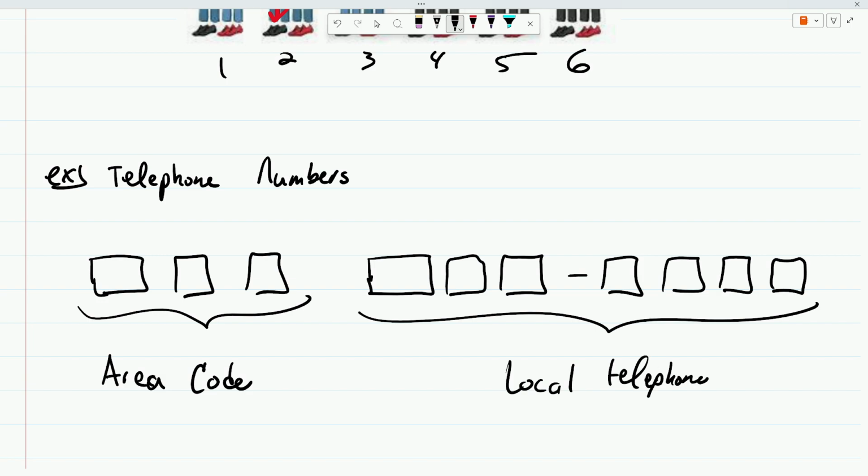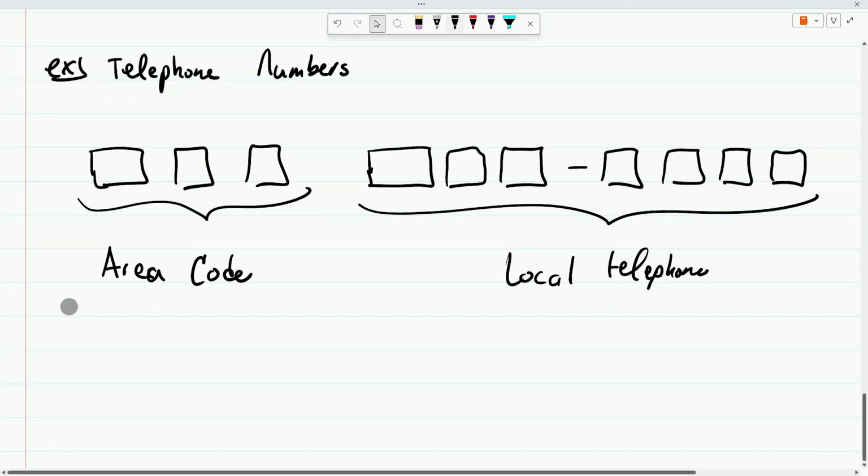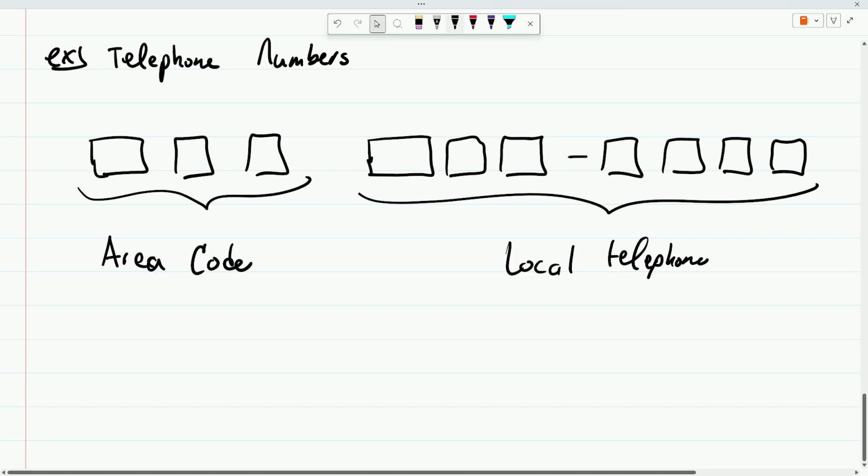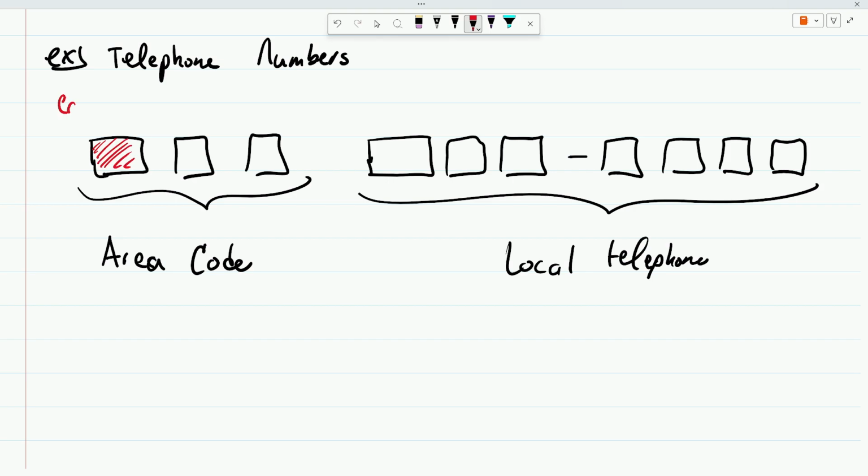And to be honest with you, these 3 numbers up here, they mean something, and the last 4 numbers, they mean something as well. It's not like numbers are just randomly generated. There's a purpose for all of this. Now, there are some restrictions though. For example, with area codes, this first number right here cannot be 0 or 1.